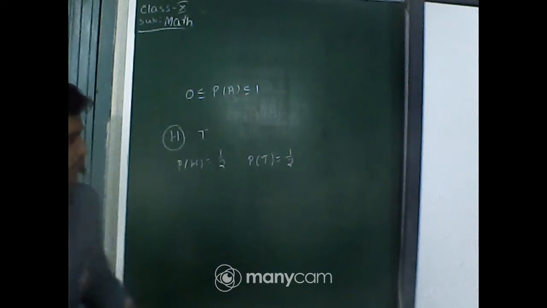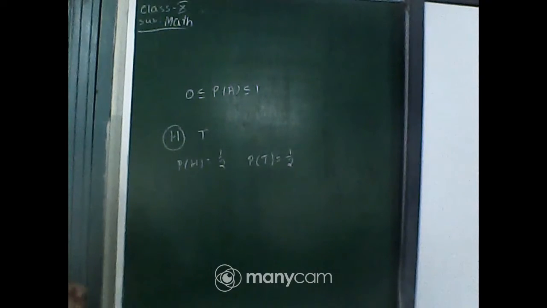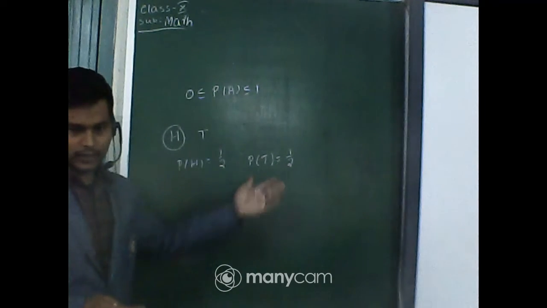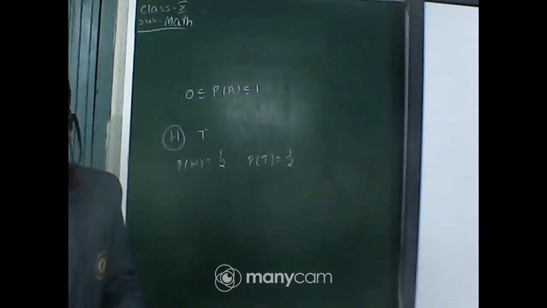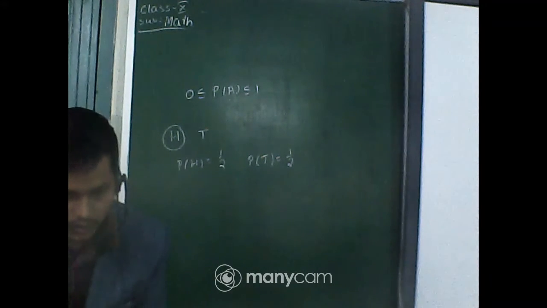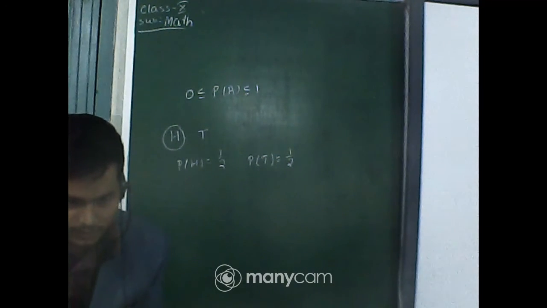So winning the toss has equal chances, 50% for head, 50% for tail. That's why it's called a fair way of deciding which team will begin the match. Clear?